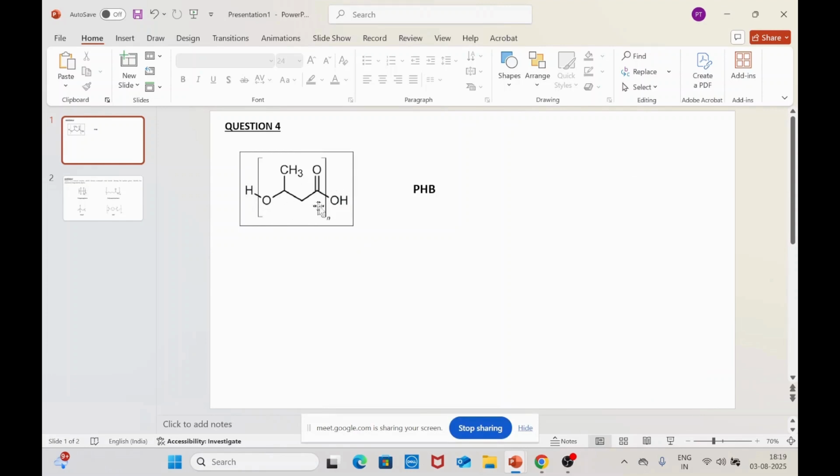You have an ester group and then a methyl group. How many carbon atoms will be there in polyhydroxybutyrate? 4, right? Because butyrate, yeah, 4. So this is the structure of polyhydroxybutyrate.